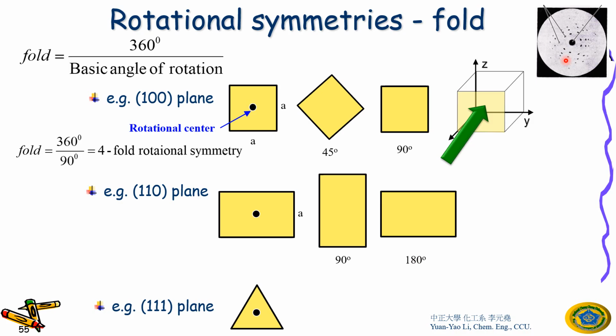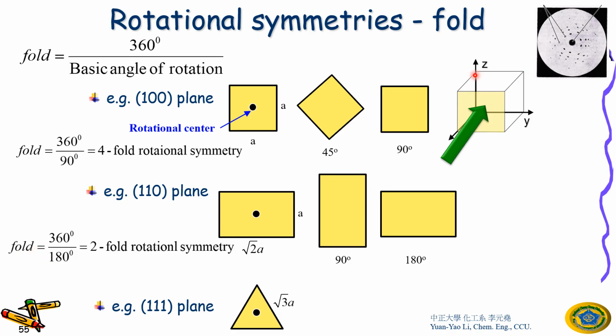So how many folds is this 110 plane? 2 folds, because 360 divided by 180. So once you have 2-fold, you realize this plane is 110, not 100. Simple.